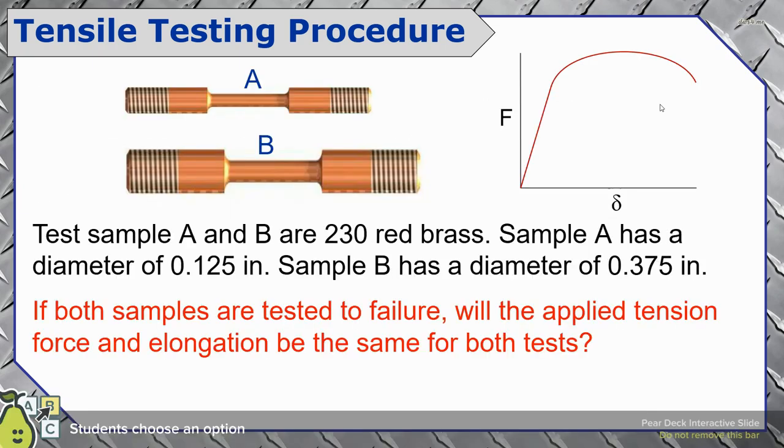Here we have two samples of the same material. Sample A and B are both alloy 230 red brass. Sample A has a diameter of 0.125 inches. Sample B has a diameter of 0.375 inches. The question is, if both samples are tested to failure, will the applied tension force and elongation be the same for both tests?